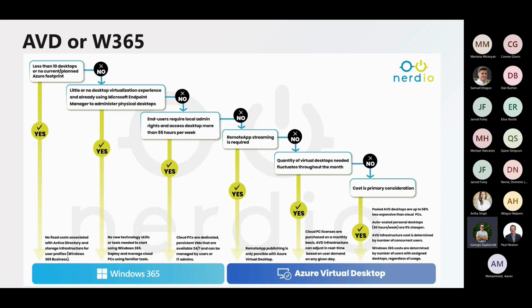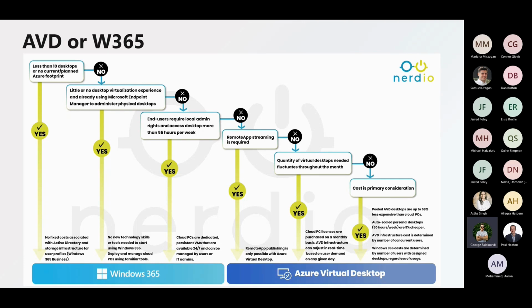If that's not the case, then is there little or no desktop virtualization experience, and are you already using Microsoft Endpoint Manager to administer physical desktops? If yes, again, go down the Windows 365 path. If no, do your end users require local admin rights and access to the desktop for more than 55 hours per week? Now, this is the breaking point between the cost of Windows 365 and Azure Virtual Desktop running the same SKU.